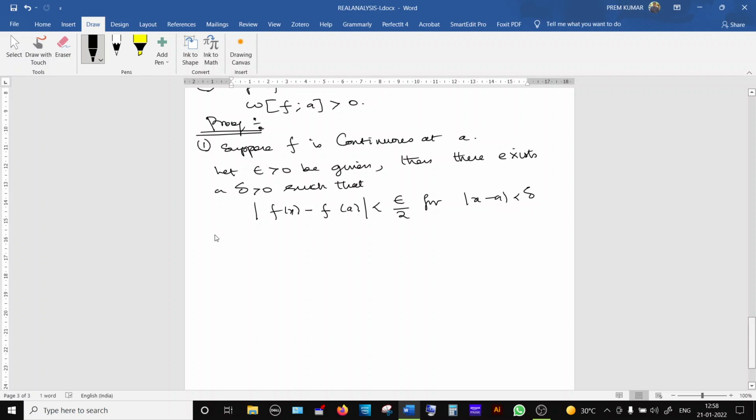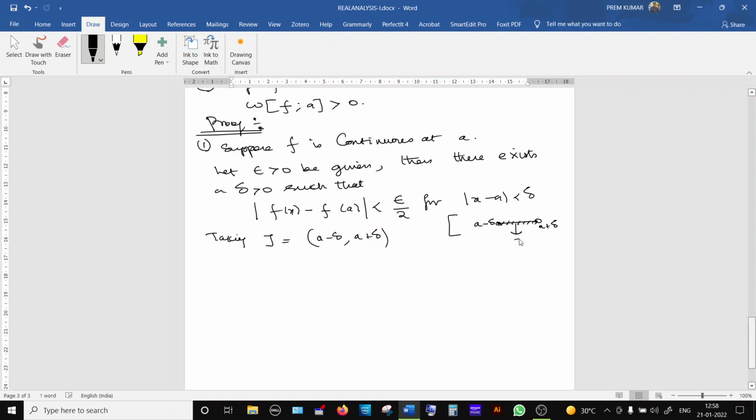Now, the interval J we are going to consider is taking J as the open interval, a minus delta comma a plus delta. Actually, this is nothing but the set of all points that lie between a minus delta and a plus delta, all points in between these 2 points.